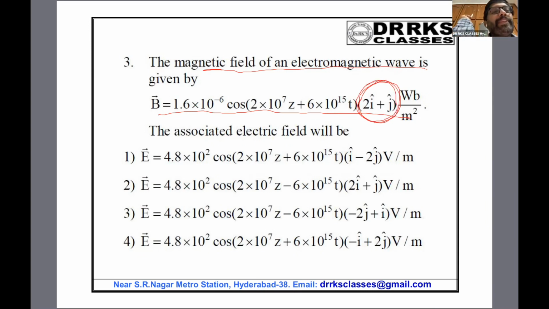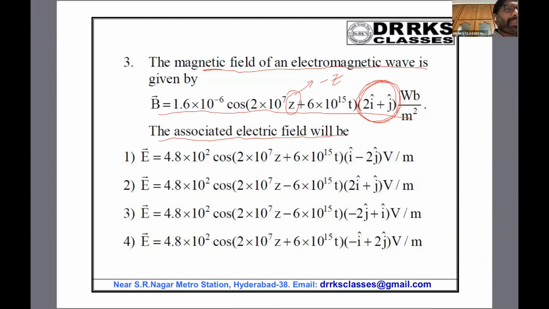That means it is in the xy plane. The magnetic field vector is in the xy plane, and the direction of propagation is minus z. You have to find the associated electric field, that is, the electric field of this magnetic field.